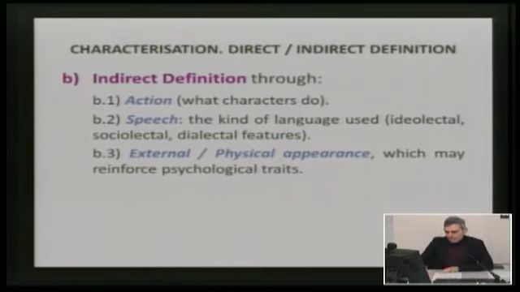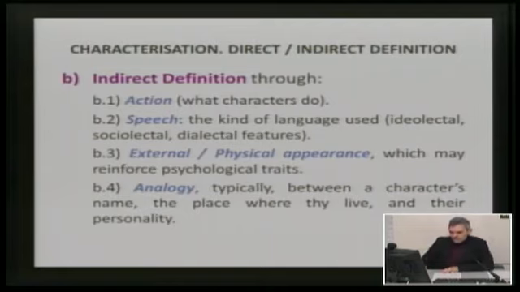The last aspect of indirect definition could be analogy. Analogy typically between a character's name and their personality, or between the place where they live and their personality.